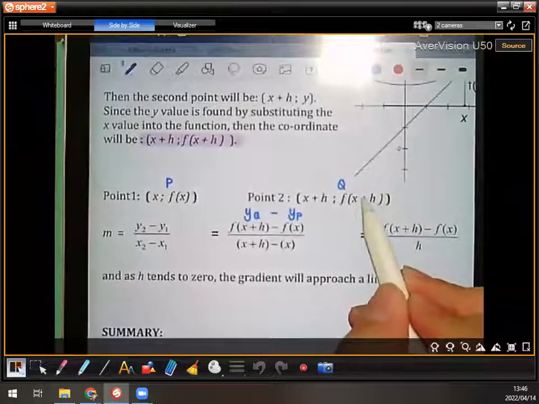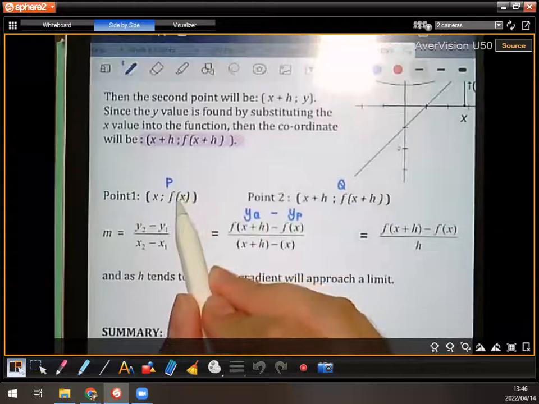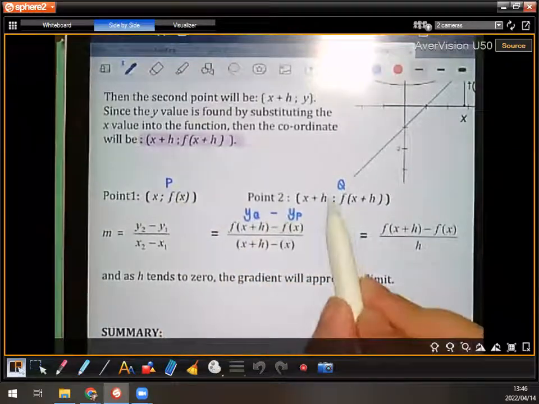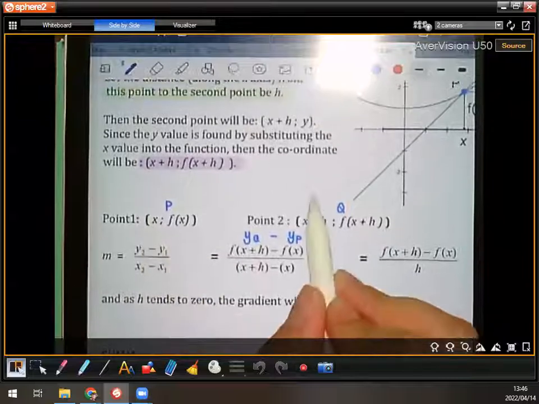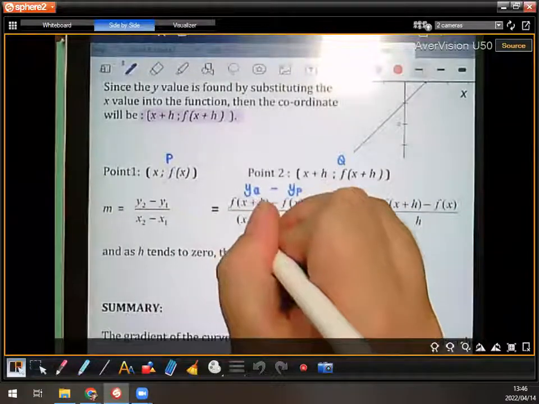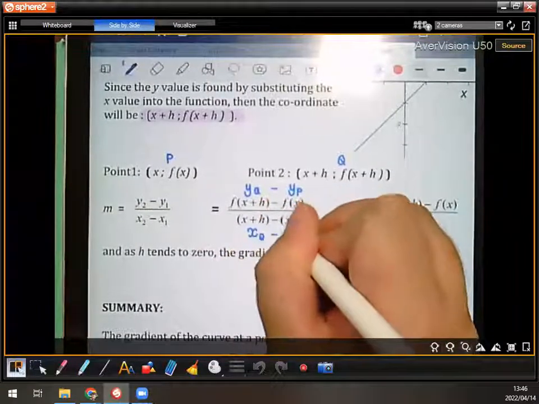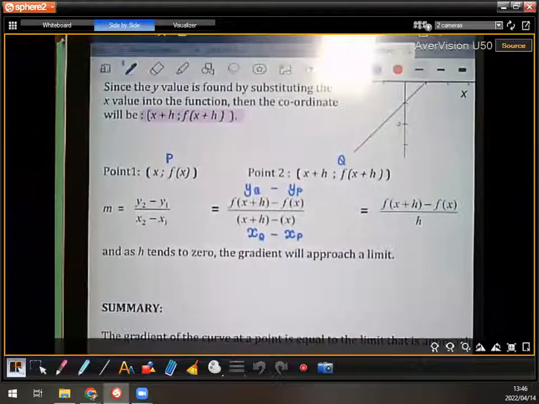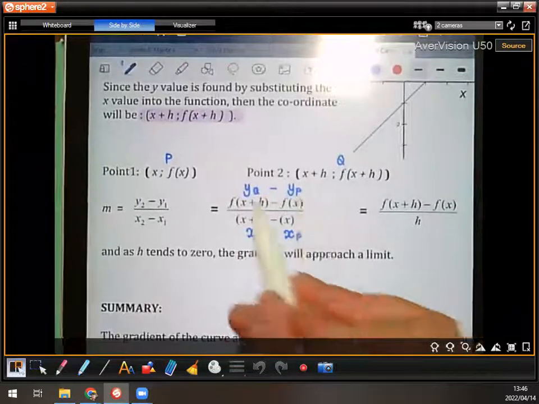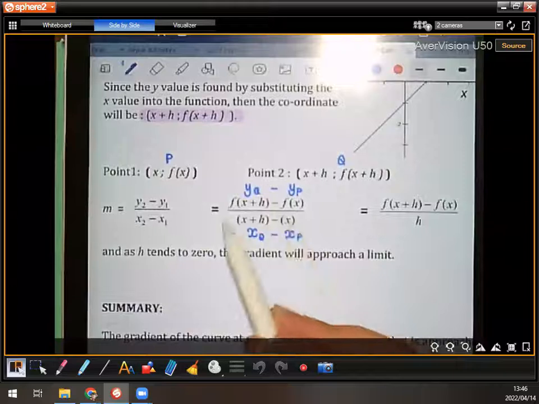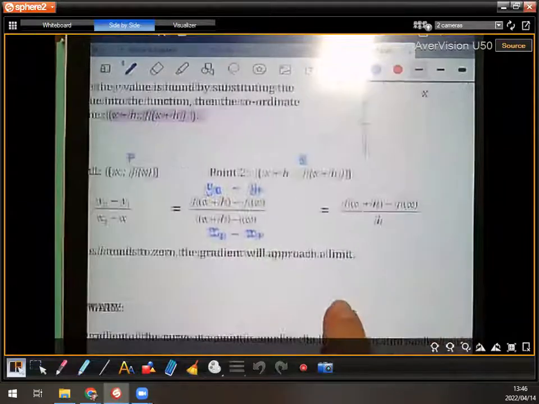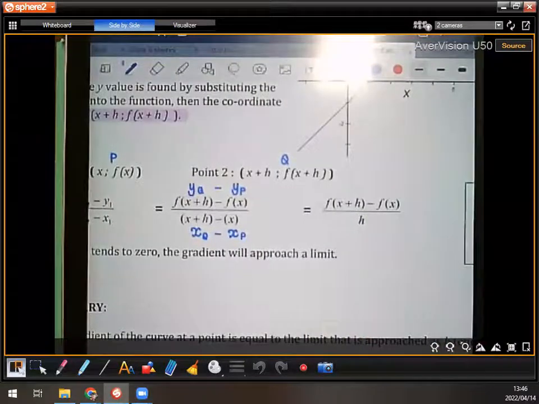Then they're taking the x value of Q minus the x value of P. And then they simplify it. Okay, we can't actually simplify that. Those will be two different y values. We don't know what that is. But if we have x plus h minus x, x minus x is 0, right? So when we actually simplify that, we're left with just an h at the bottom.